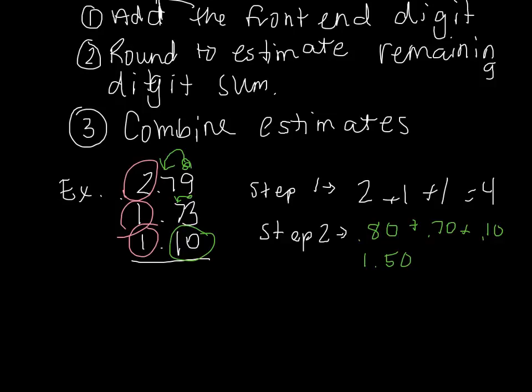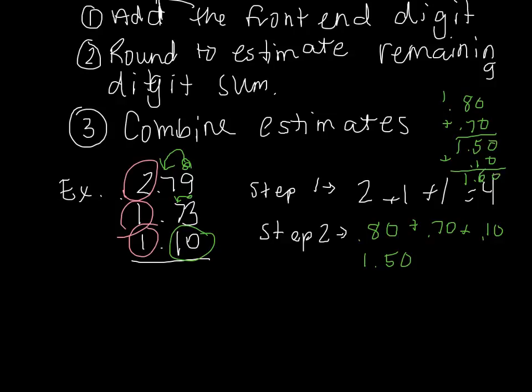If that is hard for you to see, then I would recommend lining up your decimal points. 80 plus 70/100ths would be 0, 5. Bring down my decimal point, add the 1. 1 and 50/100ths plus 10 more hundredths would be 1 and 60/100ths.